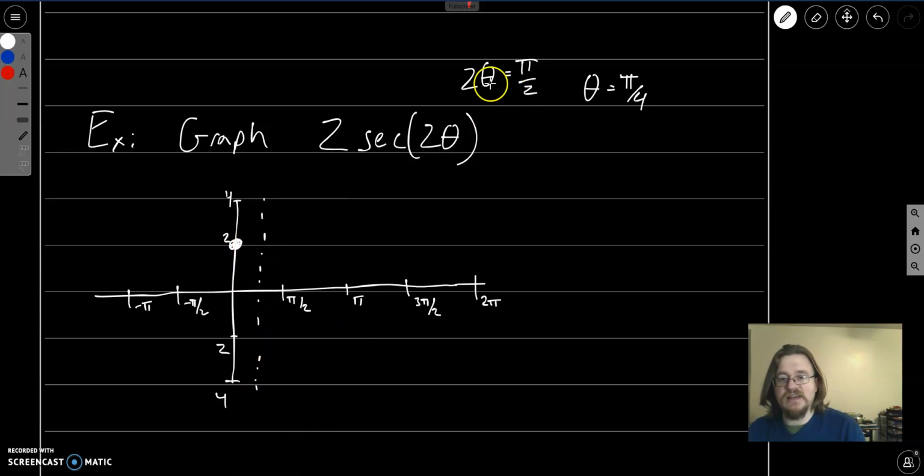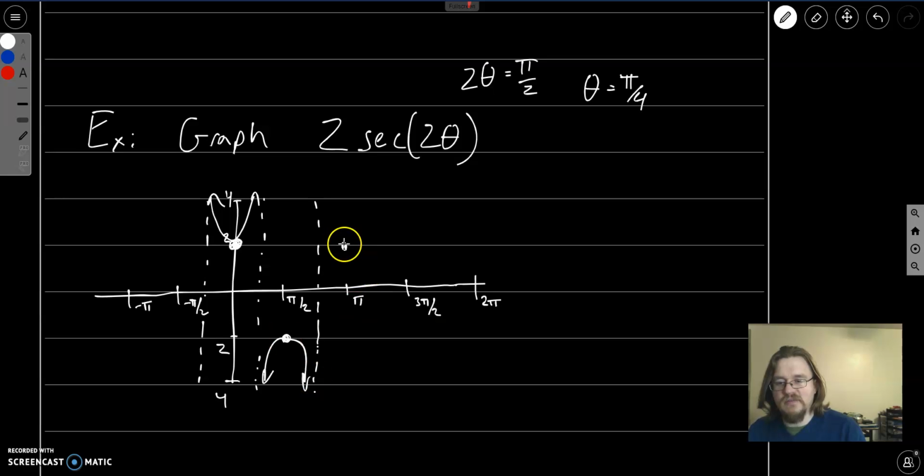And the nice thing is that the secant function will be symmetrical. So it's going to look like this. And from this, we can continue this pattern on this side. So if we started at 2 and went up, down here we'll start at -2 and we will go down.